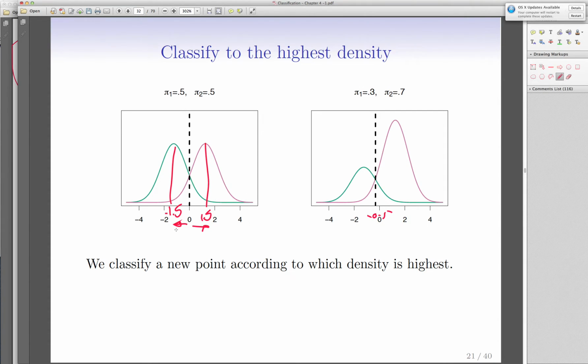Before, anyone below 0 would be categorized as green. Now we need more solid evidence to conclude that that person belongs to green. So here you should be at -0.5 and below, and if you're more than -0.5, you categorize it as pink. Why? Because you have more pink people in your category.